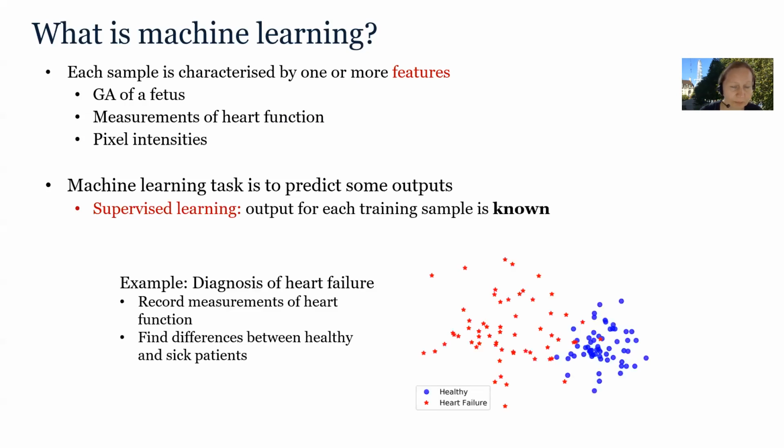An example can be diagnosis of heart failure. So we record measurements of heart function for healthy volunteers as well as patients with heart failure. And then we train the machine learning algorithm to predict heart failure from these measurements.